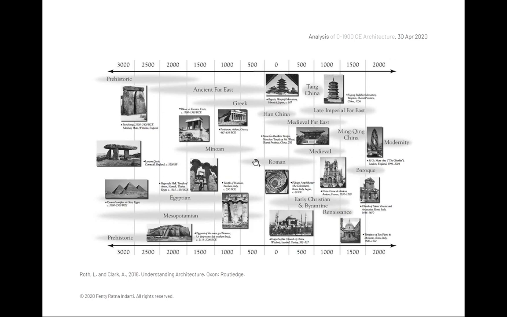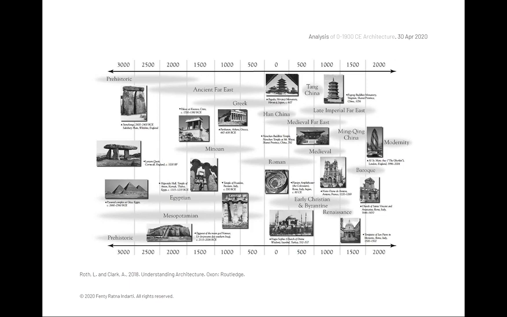Usually, historians studied it this way back then, before Michel Foucault's theory. They studied why things changed from prehistoric, ancient Far East, Tang China, late imperial Far East, without understanding each segment, so the analysis is just because of the cultural.